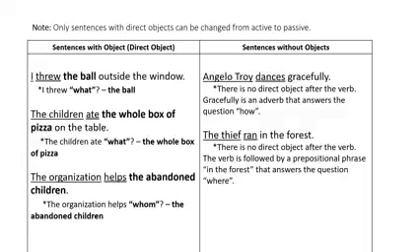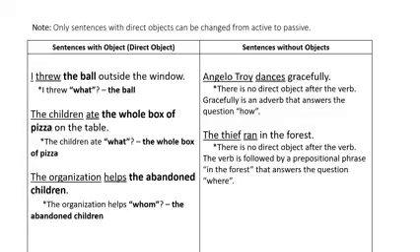Sentence number 2: The children ate the whole box of pizza on the table. Ask again this question: The children ate what? The answer is the whole box of pizza. So the whole box of pizza is your direct object. Next sentence: The organization helps the abandoned children.